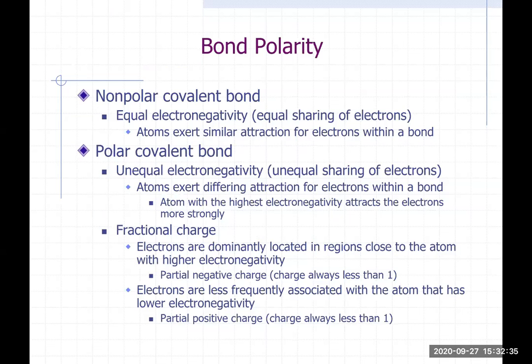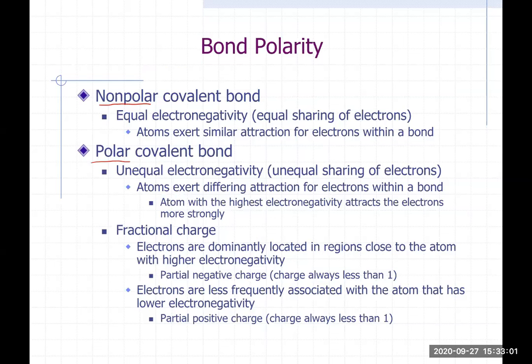In terms of bond polarity, we have different types of covalent bonds. We can classify covalent bonds not only now as covalent or coordinate covalent, but we can classify them as being nonpolar or polar. In the nonpolar covalent bond, we have fairly equal electronegativity.